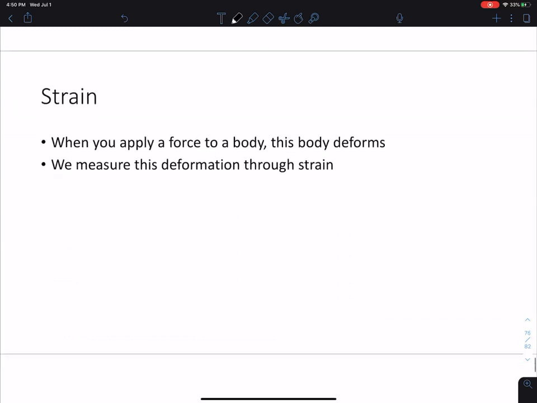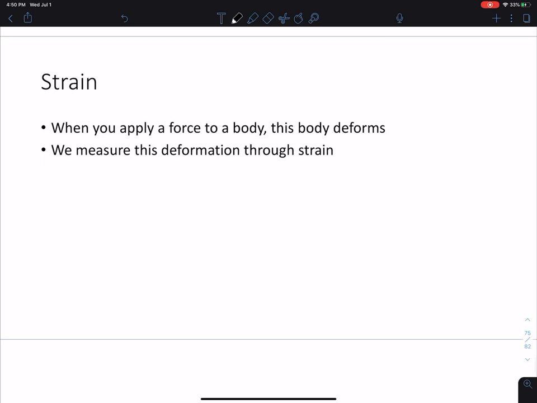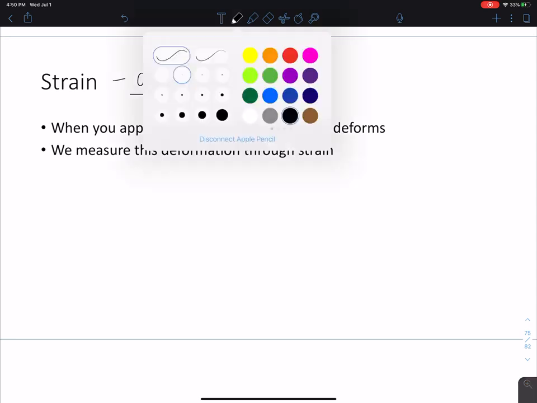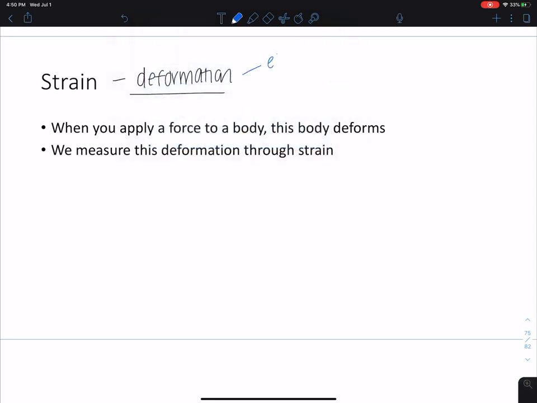Okay, so when we talk about strain, we are talking about deformation. So whenever you think of the word strain, you want to think about deformation. Okay, this can be in different forms. When we talk about deformation, we could be talking about elongation, compression or shortening of a member, right?